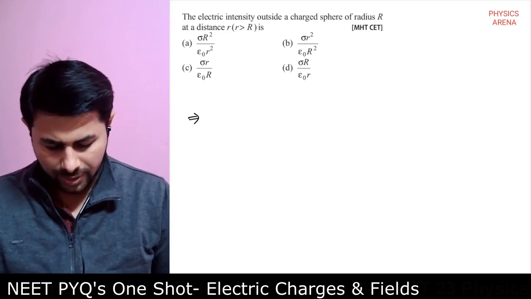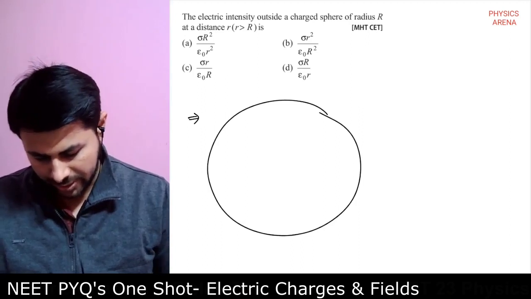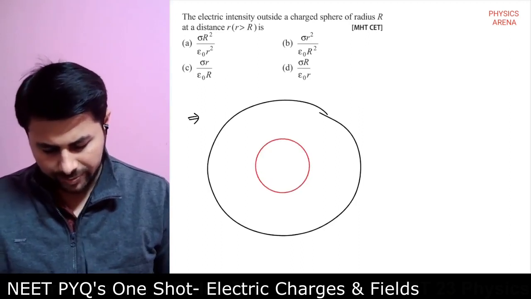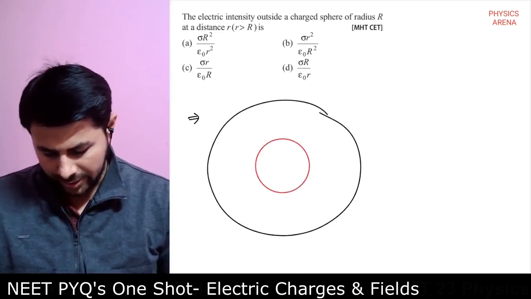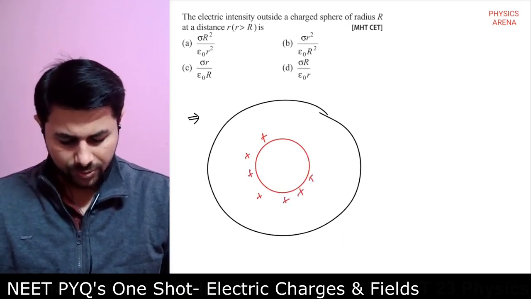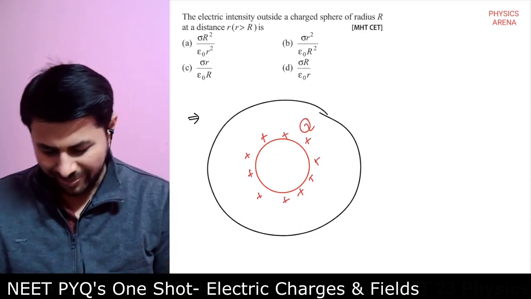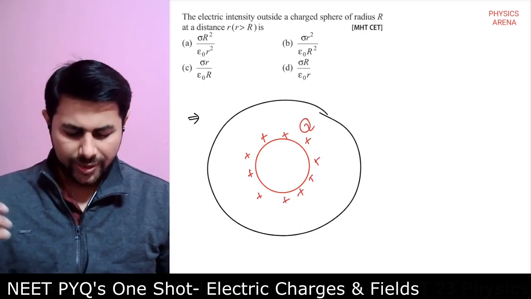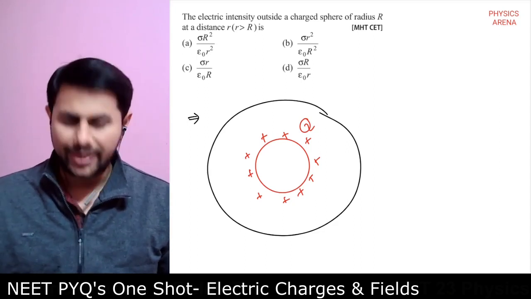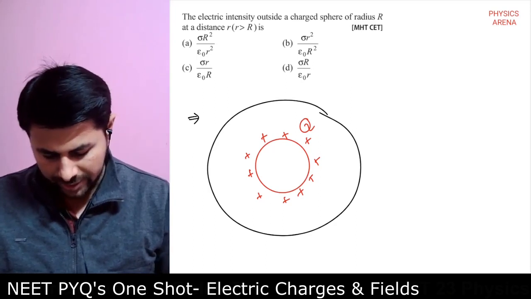So see, suppose this is our charged sphere. There is some charge on this sphere. Let's call the charge Q. Although we had found out the formula, we can calculate it very easily. So see, electric field at distance r.